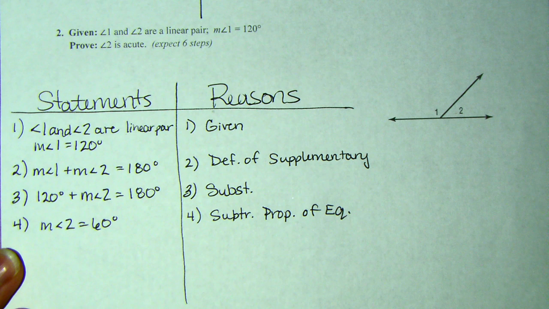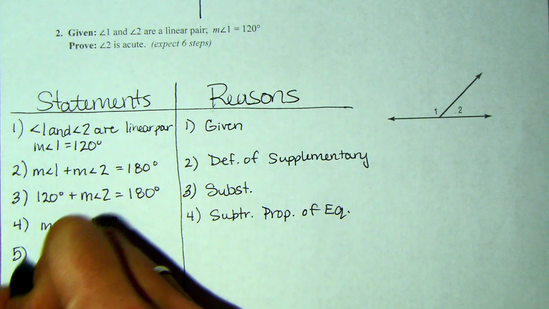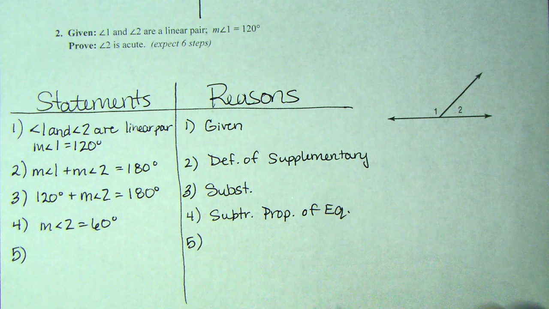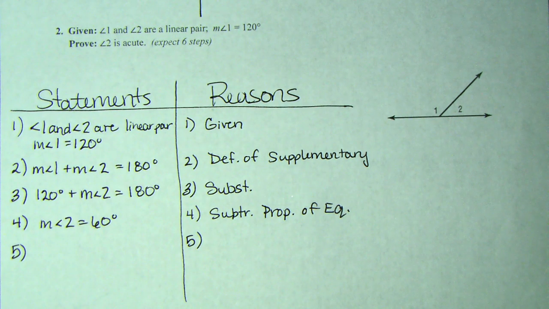I subtracted 120 from both sides. If the measure of angle 2 is 60 degrees, can't I say that angle 2 is acute?